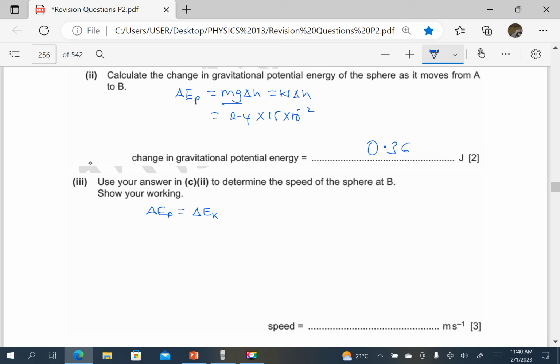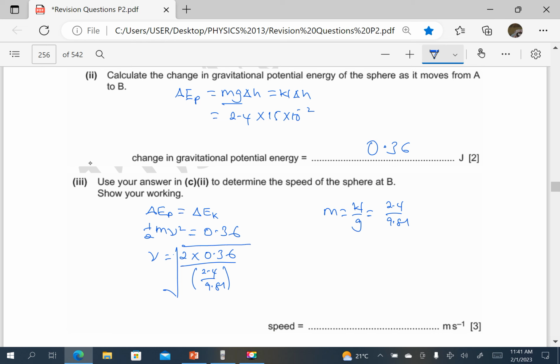So a half mv squared, that is for kinetic energy, starting from the right hand side, is equal to the change in potential energy that we have got as 0.36. Remember, the mass is going to be equal to the weight divided by g. The weight was given as 2.4 divided by g, which is 9.81. So V is going to be equal to the square root of 2 times 0.36 divided by the mass, where the mass is 2.4 over 9.81.